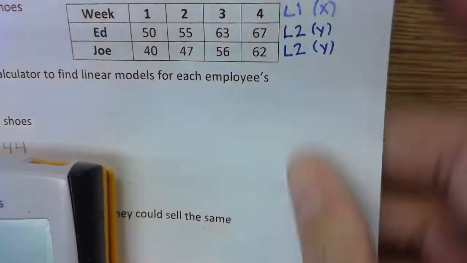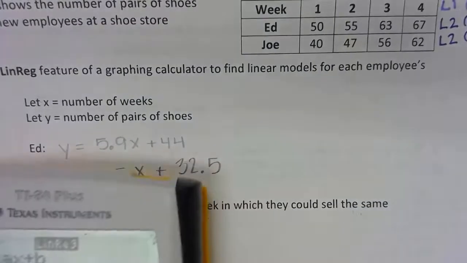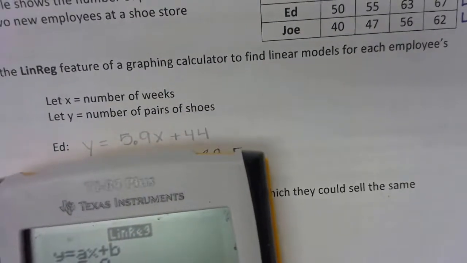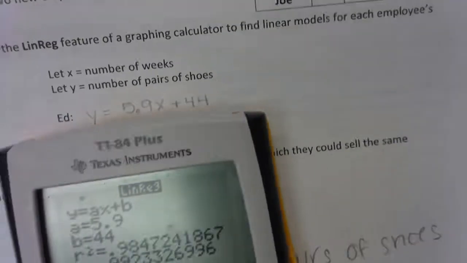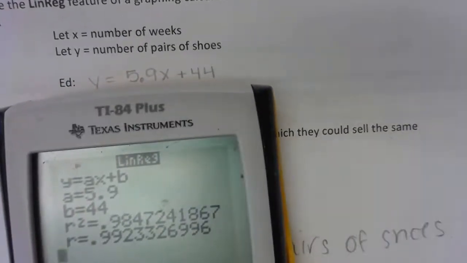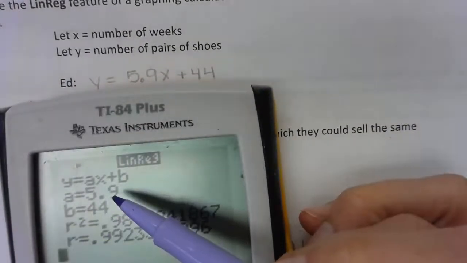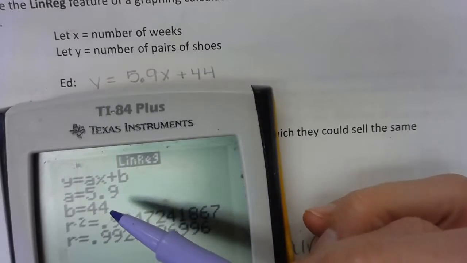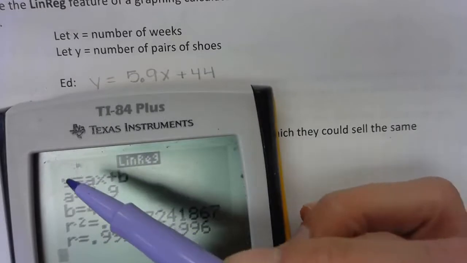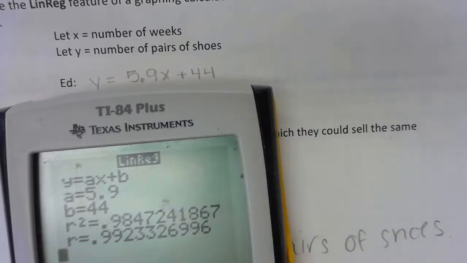So I'm going to go over to Ed on my paper and write down his equation of y equals 5.9x plus 44, where the calculator gave me an A value of 5.9 and a B value of 44 for y equals ax plus b.